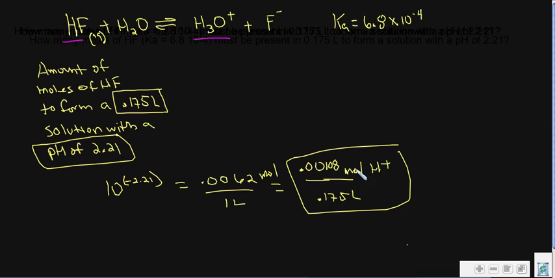Actually, no, significant digits would take me out to 0.018. So 0.018 moles is my final answer. And that's the exact amount of moles of hydrofluoric acid it would take to create a 0.175 liter solution with a pH of 2.21.